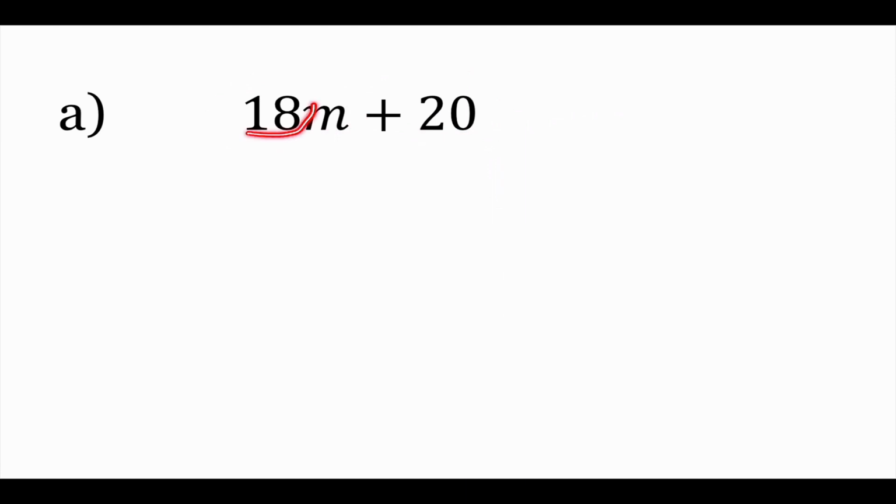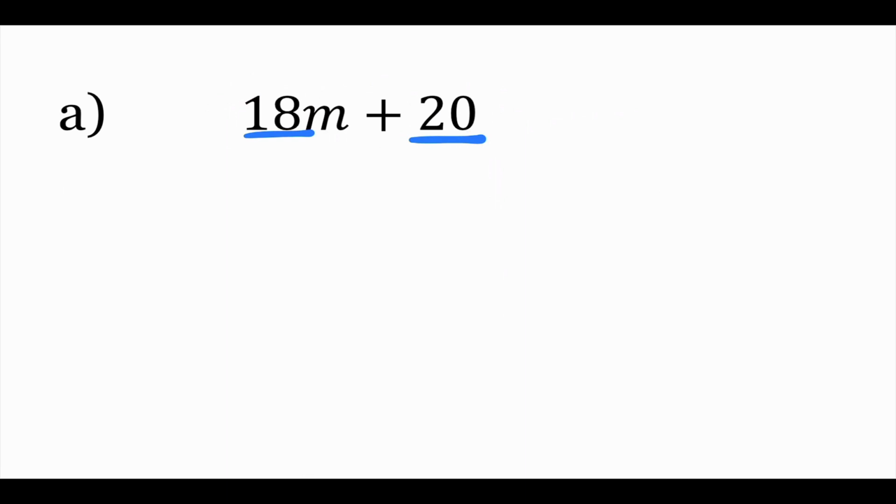Well, let's try the numbers first. 18, 2 goes into 18, 3 goes into 18, 6 goes into 18, 9 goes into 18, obviously 18 goes into 18, and then I have 20. 2 goes into 20, 4 goes into 20, 5 goes into 20, 10, 20. So what I'm looking for is the biggest one they share in common. What is the biggest number that can go into both of them evenly?